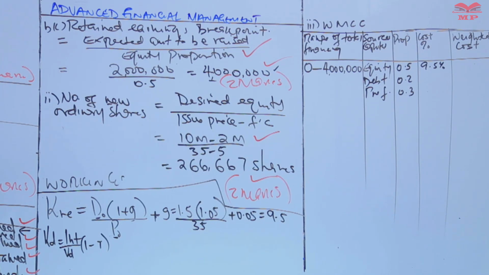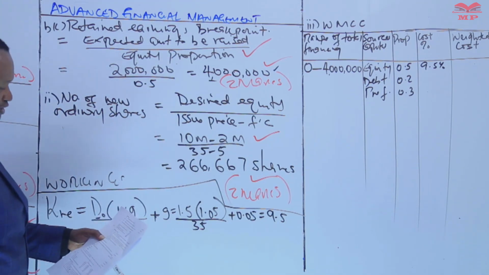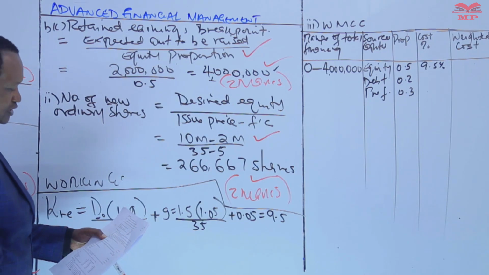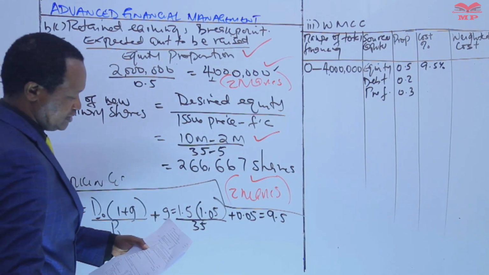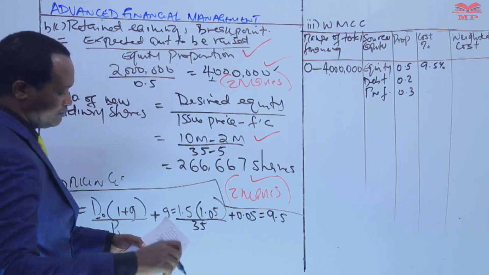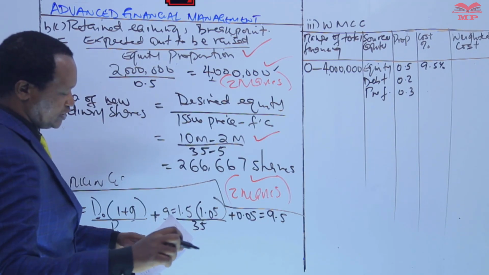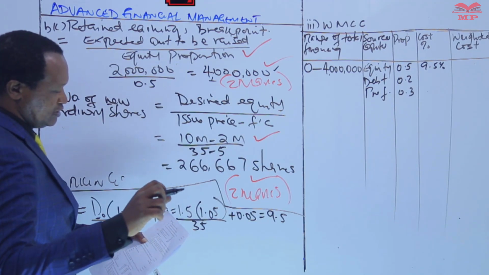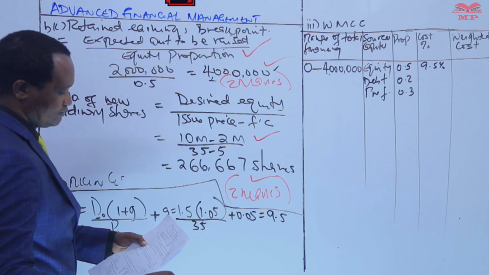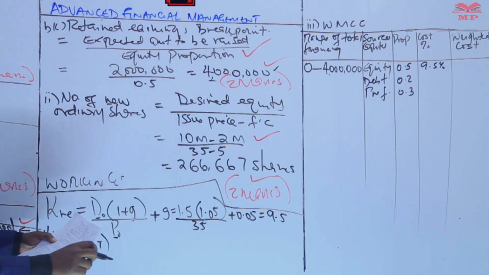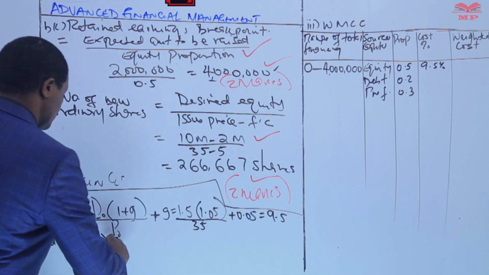That is the interest. You are told new 10%, so you take 10% and multiply by the par value shown in the capital structure. So 10% of 100 is equal to 10.